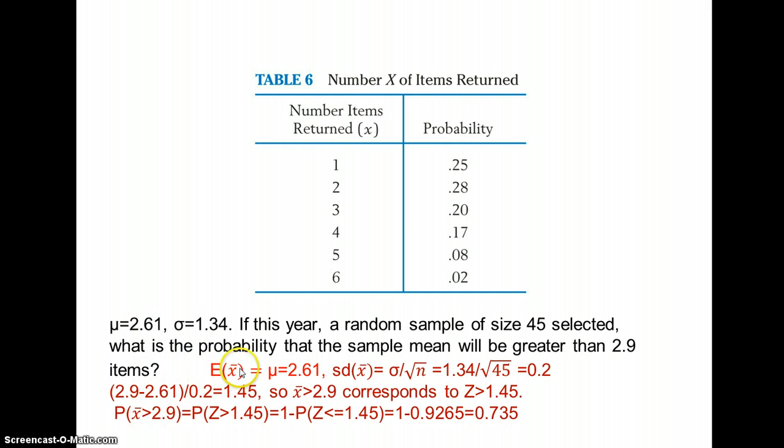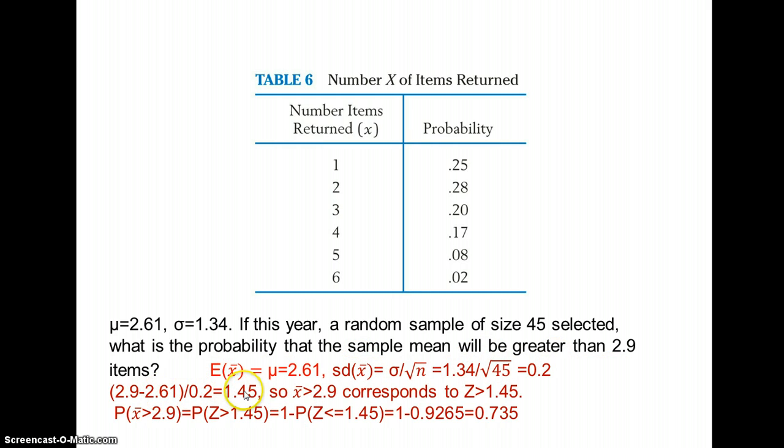But notice here we're not talking about the random variable x. We're talking about the random variable x bar, the sample mean. So we have to use the expected value, the mean of x bar, and the standard deviation of x bar. But this sigma here is the standard deviation of x, not x bar. We're talking about the average number of returns, not the return of one customer. That's why we have to use the standard deviation of the average, which is 0.2 by the formula.